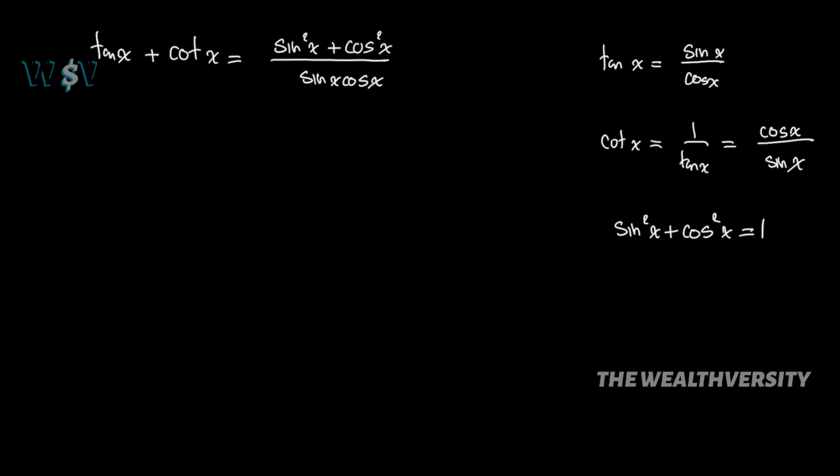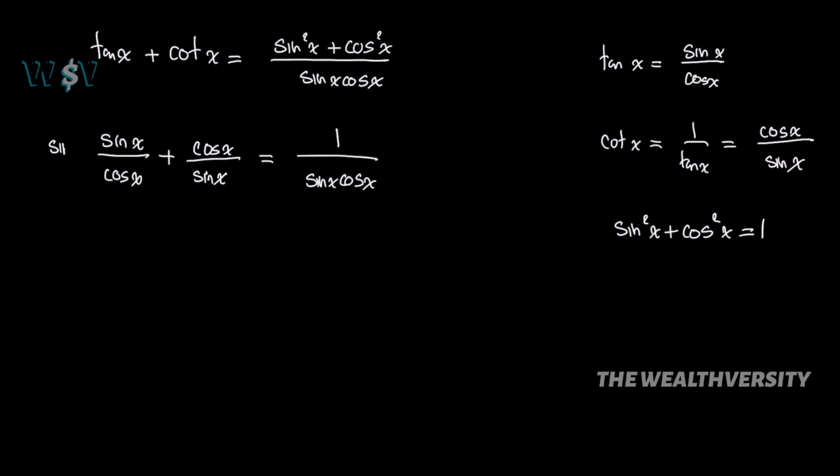Now we sub these identities back in the equation, and we get sine x over cos x plus cos x over sine x is equal to 1 over (sine x times cos x). The next step is finding a common denominator for the left side, which is sine x times cos x, and we will leave the right side as it is.